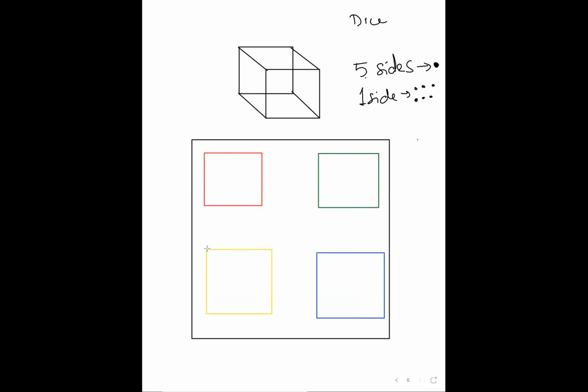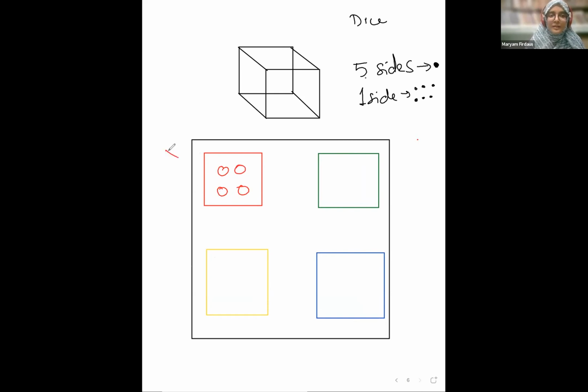Now let's say we are going to start a game, and there are 4 red ones. Let's say you are the red one. What do you need to do first so that this red piece can come outside?